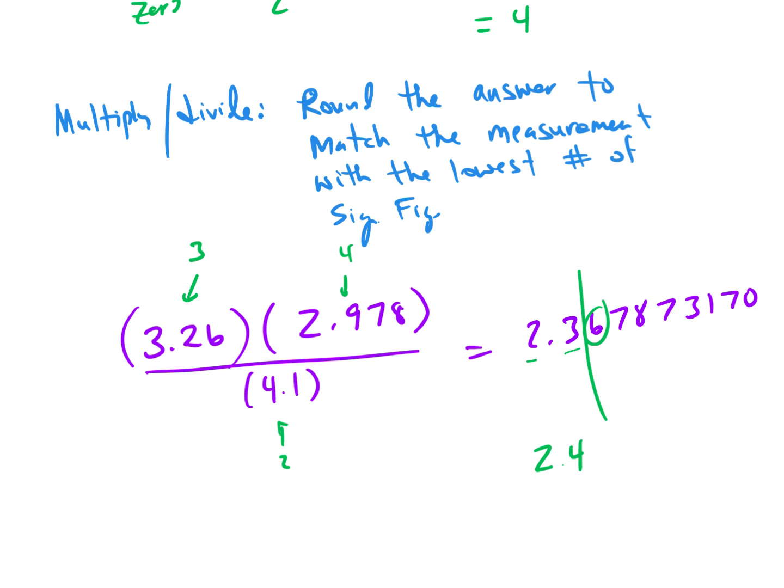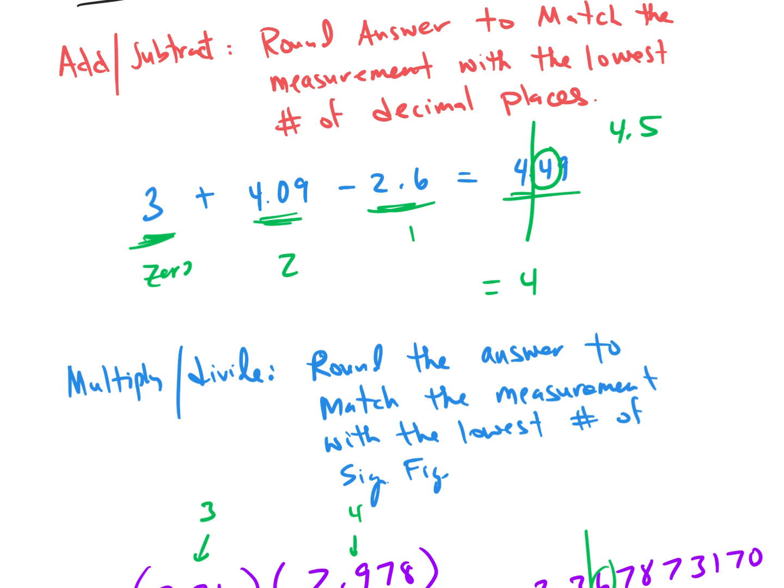Question: why did we round to 4 but not do it with the 49? That's right. Because we wanted how many decimal places?